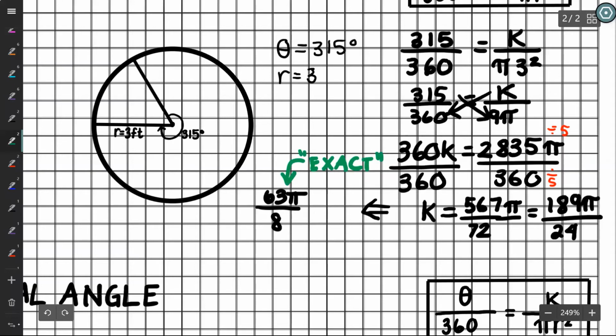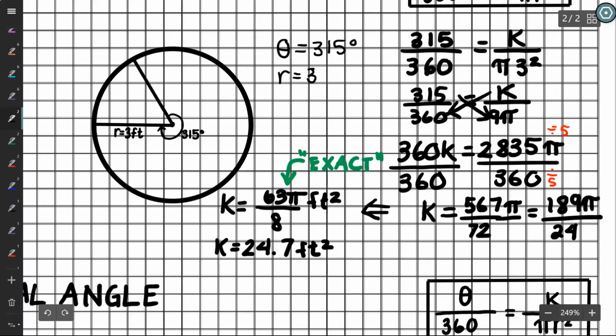But we can also write this in not fraction form, in decimal form. So 63 pi divided by 8 is going to be 24.7 feet squared, and this is rounded.